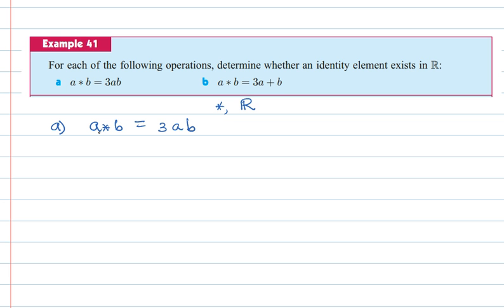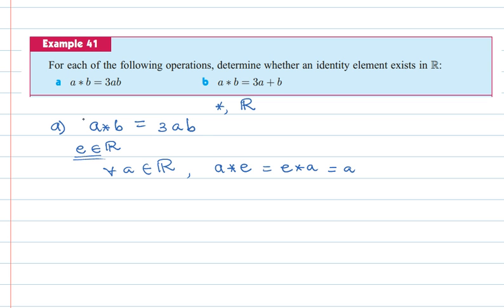So if there exists an element E, which is a real number, such that E is the identity element, then we will be suggesting that for all elements A in the set of real numbers, A operation E must be equal to E operation A, and that must be equal to A.